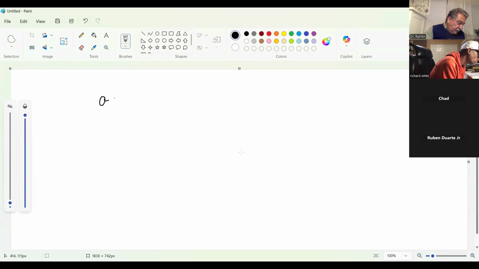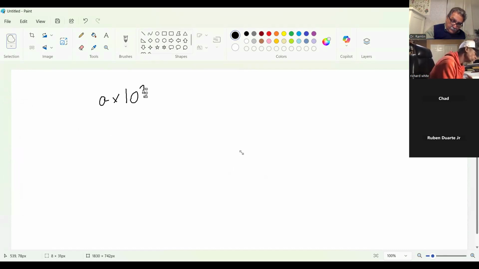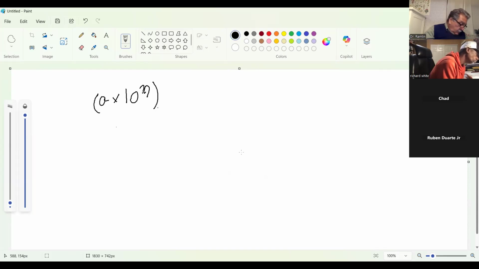If you have A times 10 to the power of n, times B times 10 to the power of m, what's the rule for that?